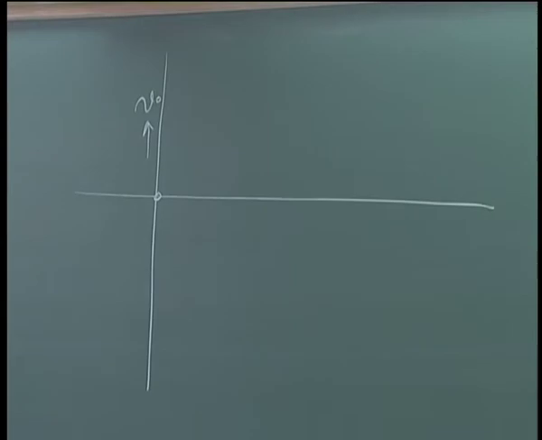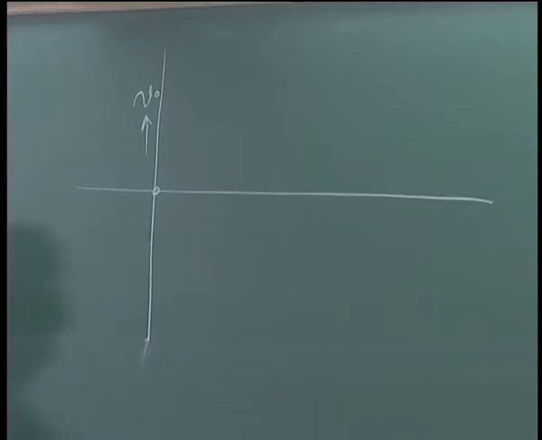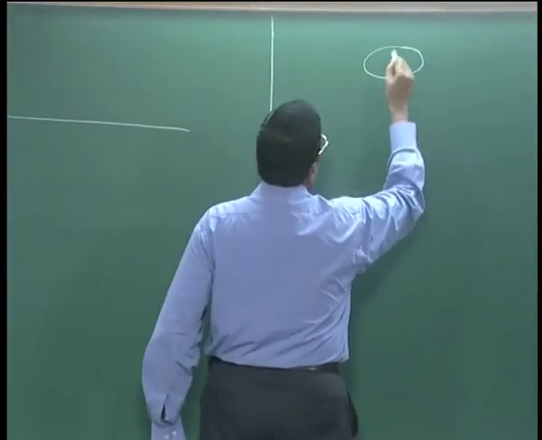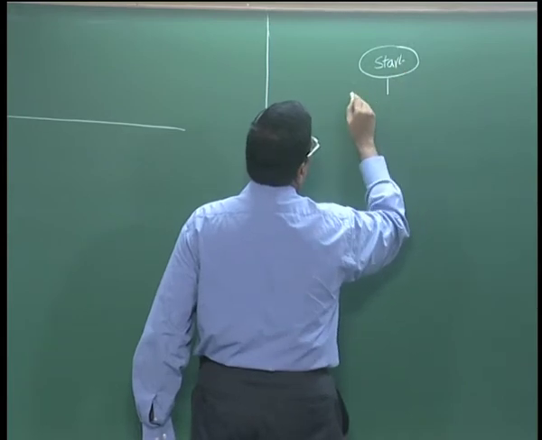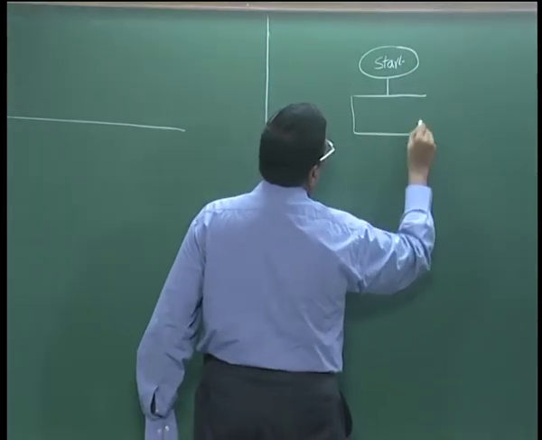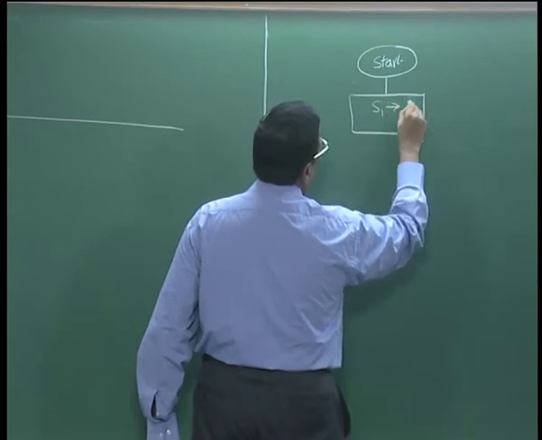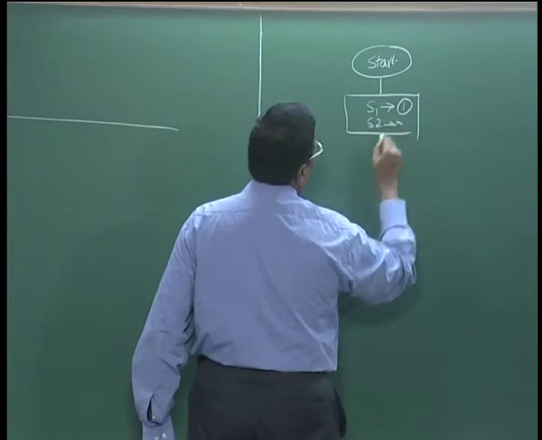Then we connect switch S1 to position 1. So, let me also put the logic here. So, we have start, we put S1 in position 1 and S2 we do not care, right.